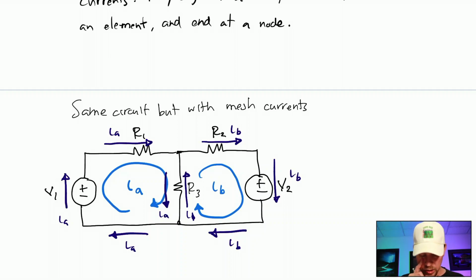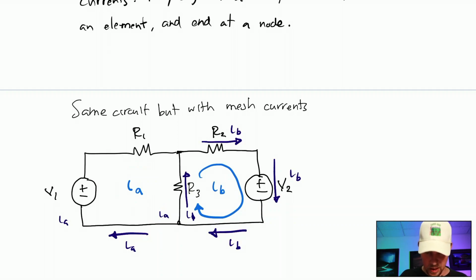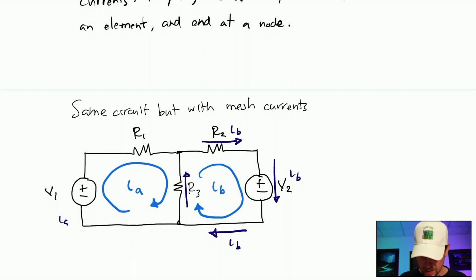Now, there is a relationship between the mesh currents and the branch currents that we actually had previously. You can actually determine how the mesh currents and the branch currents are related by taking a look at superposition, right?